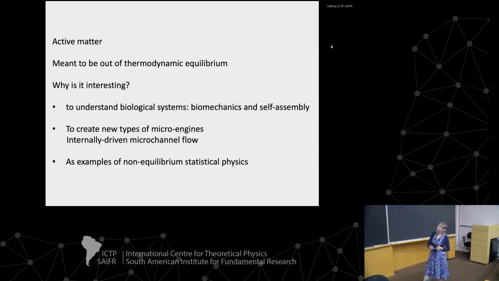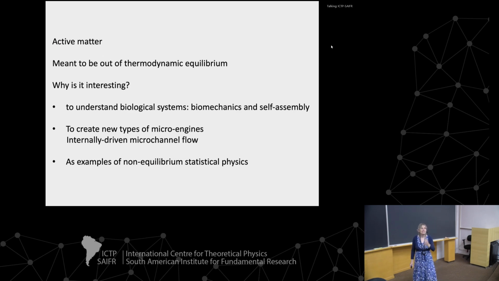Okay, so active matter, why is it interesting? I didn't dare ask you this, because then you'll all be saying, she thinks it's interesting, but I'm not so sure. All right. I used to say that it was interesting to create new types of microengines. Biology is fantastic with these tiny engines, and we can't organize those, but this isn't working at the moment.